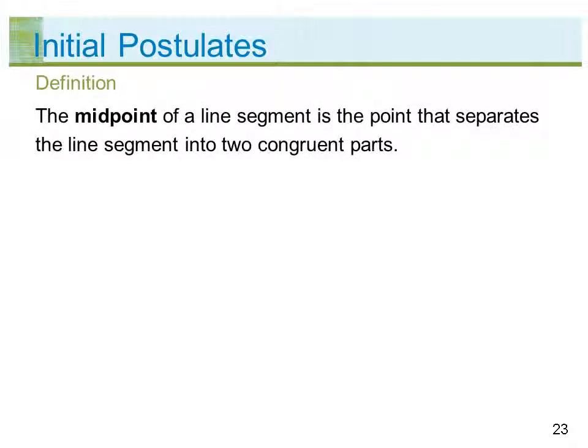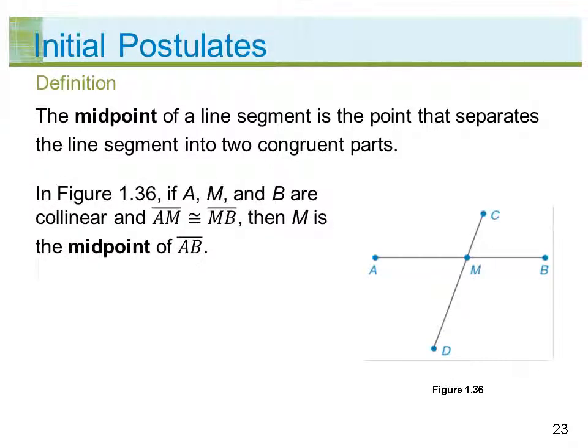Definition: the midpoint of a line segment is the point that separates the line segment into 2 congruent parts. In Figure 1.36, if A, M, and B are collinear, and line segment AM is congruent to line segment MB, then M is the midpoint of line segment AB.